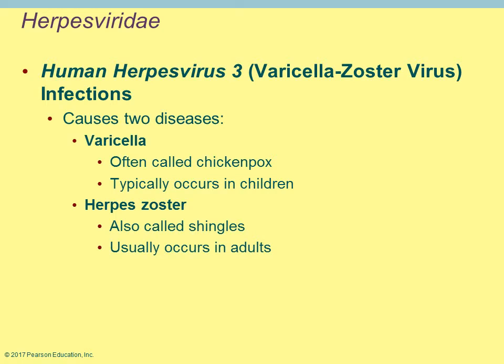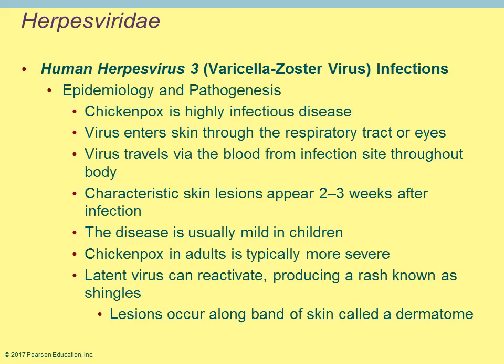Chickenpox used to be considered one of those so-called childhood diseases. It was seen more often in children. In adults, it is a much more severe illness than it would be in children. Shingles, we used to think of as in older adults. Unfortunately, we are seeing younger and younger people develop shingles.